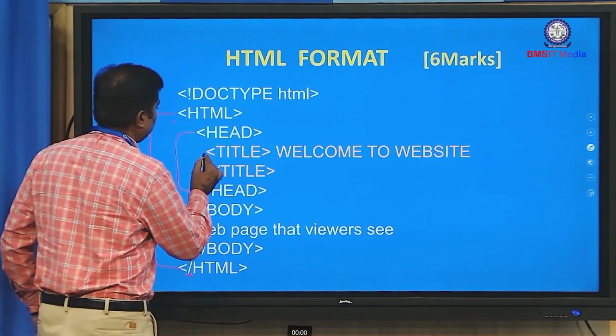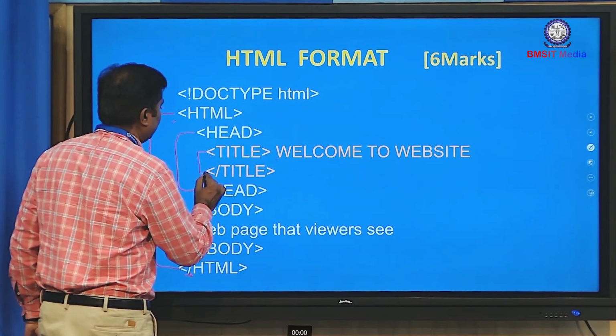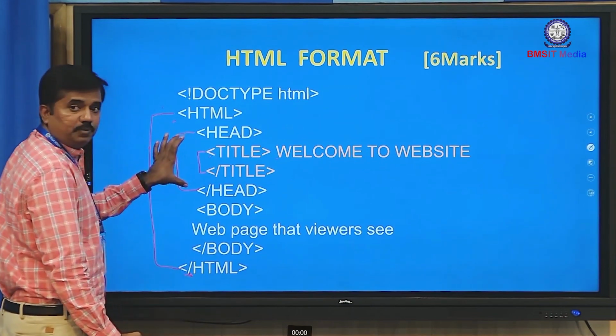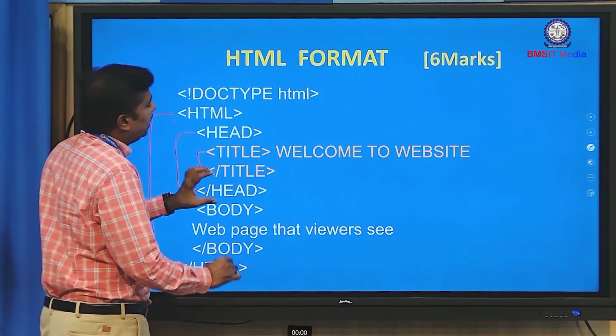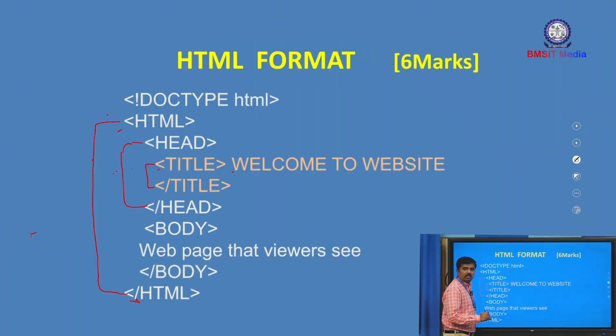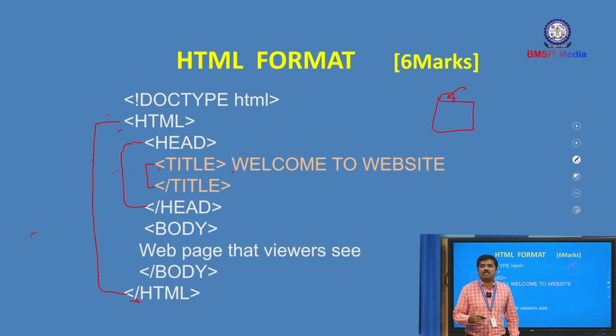This resides inside the head. The title won't be displayed on the web page itself; it will be displayed on the tab. So what does the tab mean? See here, this is a web page, and you get "Welcome to website" on the topmost tab.